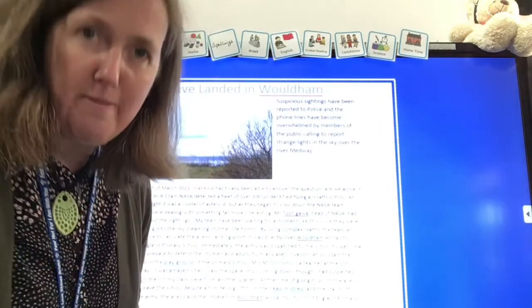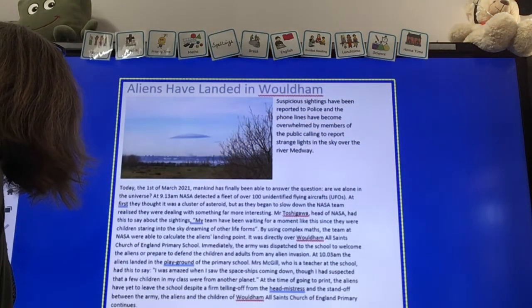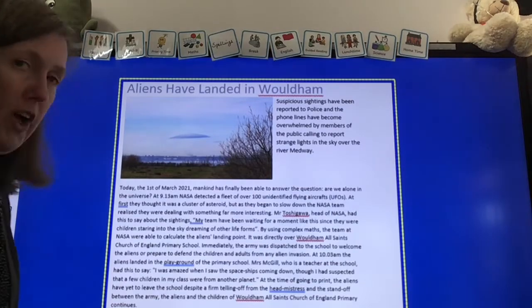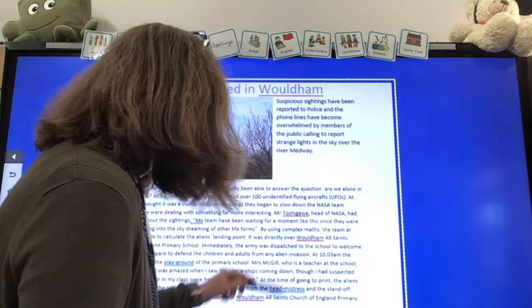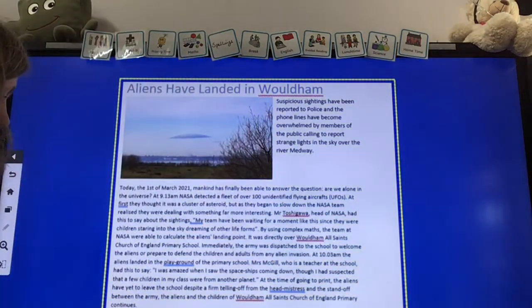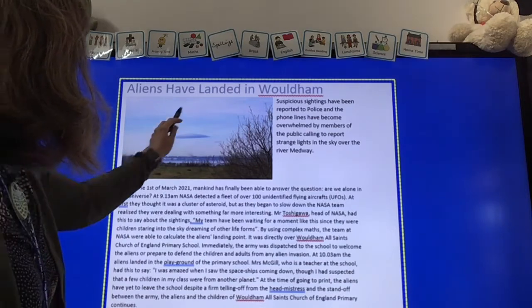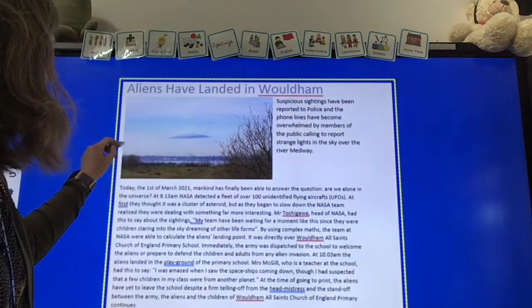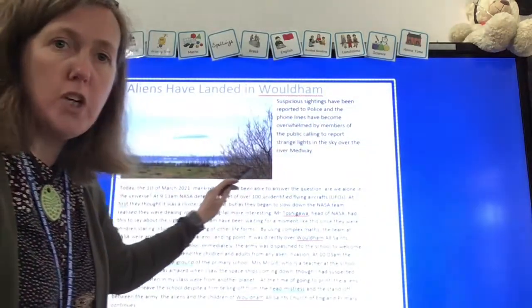Now, there are some mistakes in that. Did you notice? I noticed that there were a few mistakes in that. I wonder if you can work out what those mistakes are. I've got a head teacher and I've got a head mistress. I've also got something missing from up here. I haven't written a caption to go with my photo.